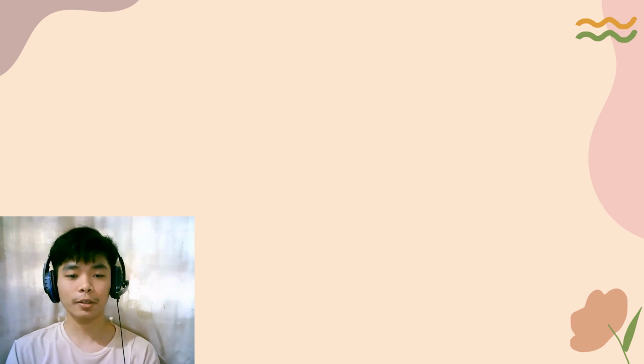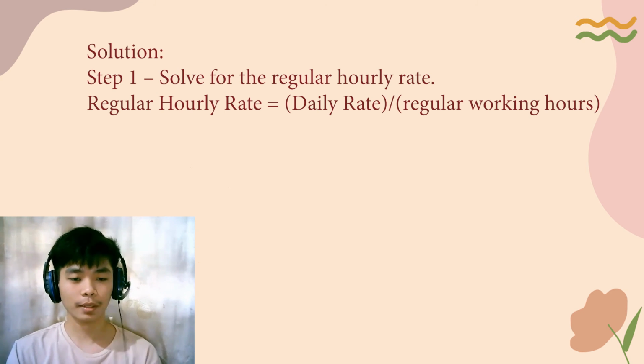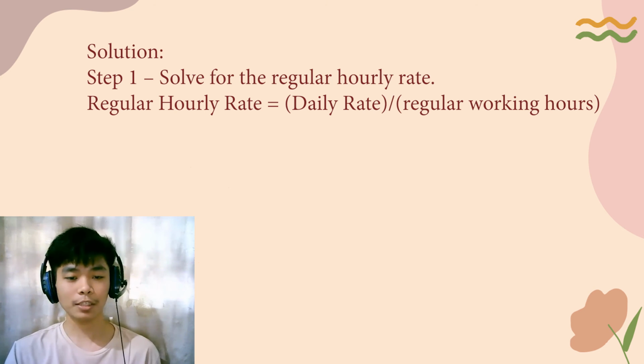First thing to do is to solve for the regular hourly rate by using the first formula, which is regular hourly rate equals daily rate divided by regular working hours. Then substitute the values: the daily rate is 1,000 pesos and the regular working hours are 8 hours.